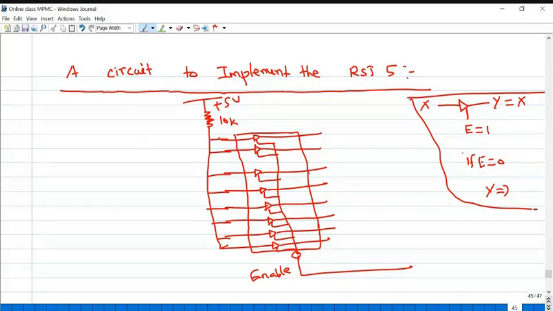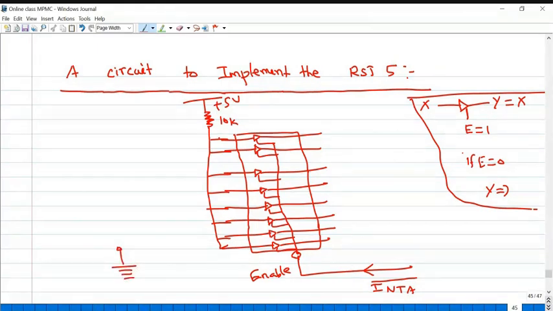Okay. Now we'll discuss. Suppose for RST5 the INTR line is high. So the microprocessor sends the INTA acknowledgement signal. There will be a ground line also available. The microprocessor sends the INTA acknowledgement signal.